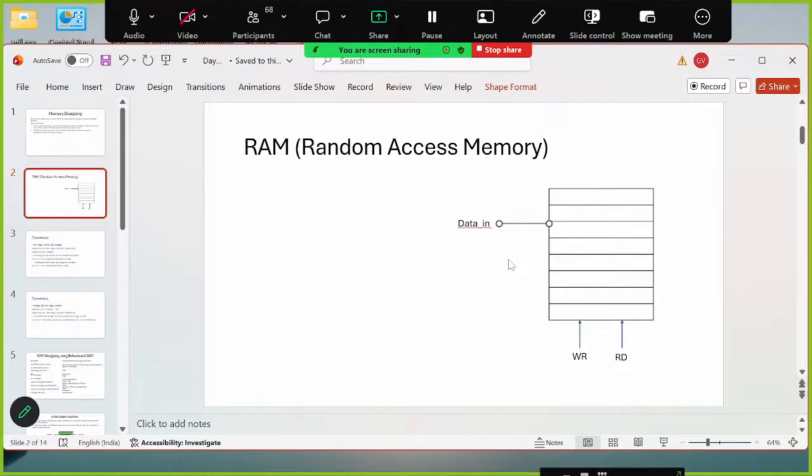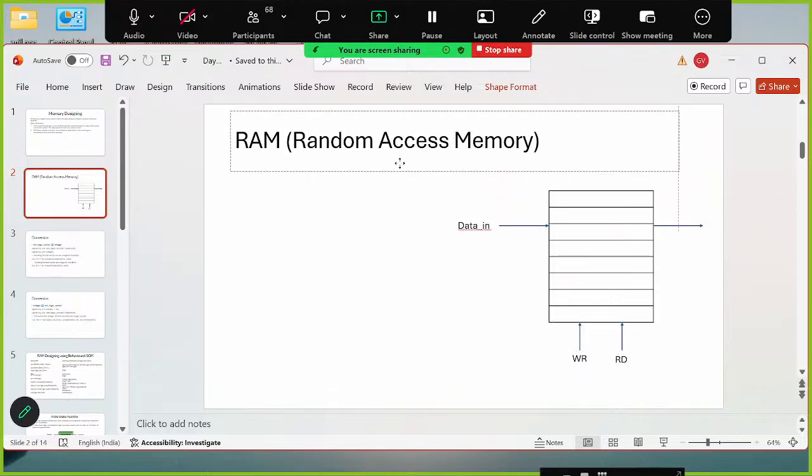Is there any student available or listening carefully? One signal that I want, data output also. Yes or no? Tell me.